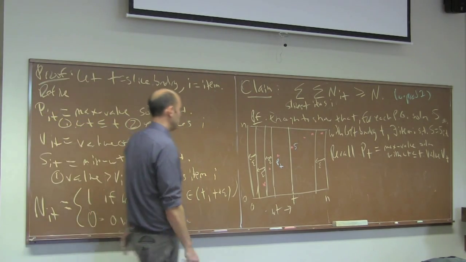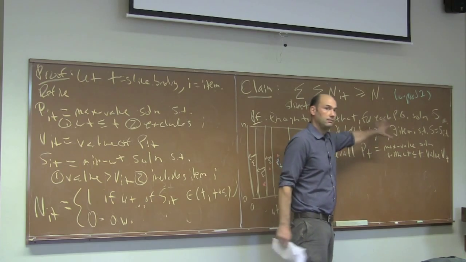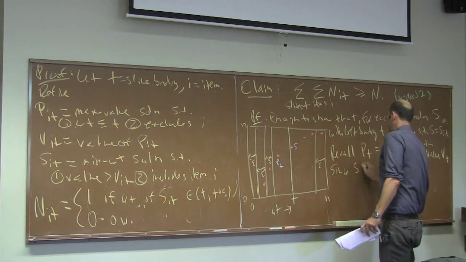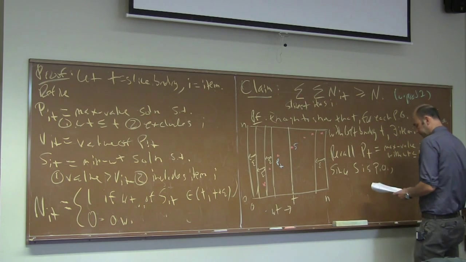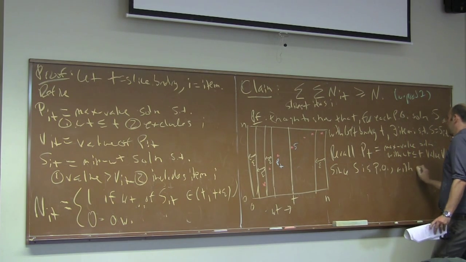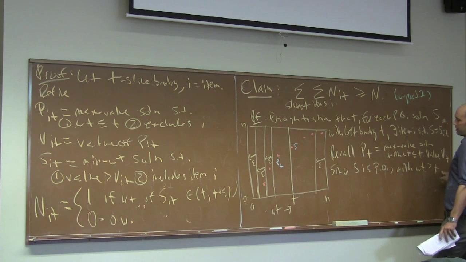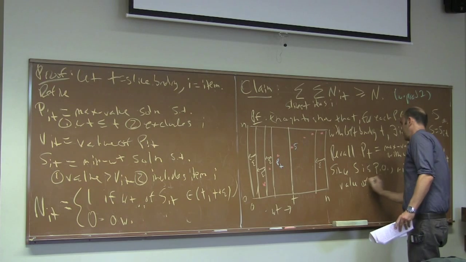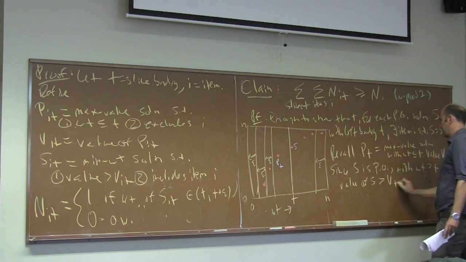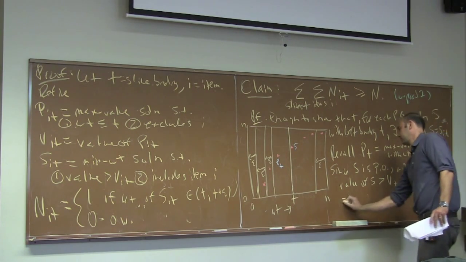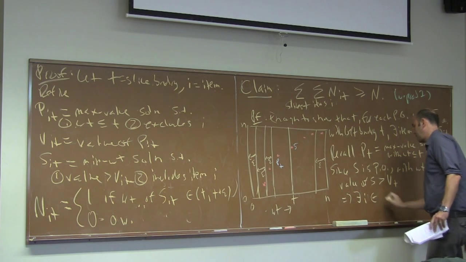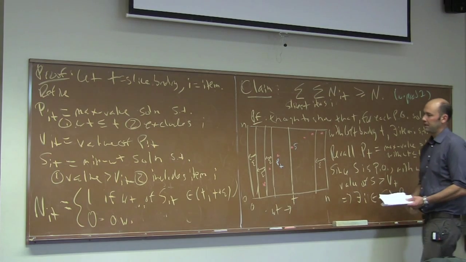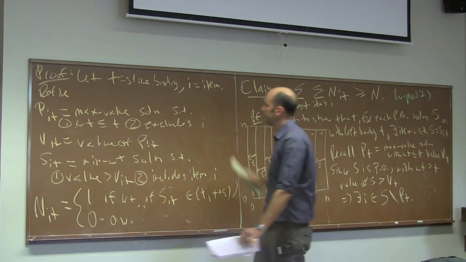Any one of those items is going to serve as our magic item I. So since S is Pareto optimal with weight bigger than t, in particular weight bigger than P_t, the value of S is bigger than the value of P_t. And so there exists an I that lies in S, but not in P_t.